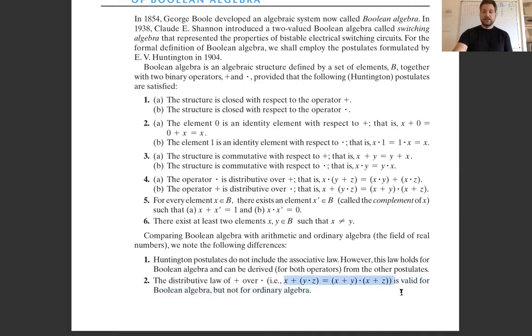This statement is true for Boolean algebra as outlined in the Huntington postulates, but it is not true for ordinary numeric algebra. So that helps underscore the fact that this is a different kind of thing. This is not a numeric algebra. It is a logical algebra.